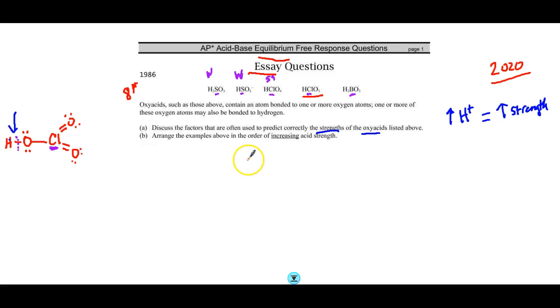Now what we're going to compare is the central atoms, so chlorine versus sulfur versus boron. And we'll remember on the periodic table we have boron, then carbon, nitrogen, oxygen, and then fluorine, and here's sulfur, and here's chlorine.